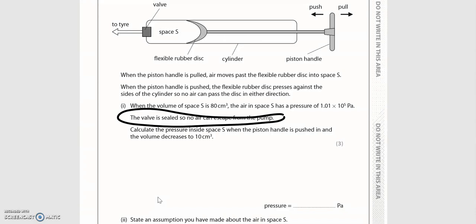You are given a starting volume here with a starting pressure, and then you are given a final volume there. So if we use the equation P1 V1 equals P2 V2, then you have 3 of your 4 unknowns.